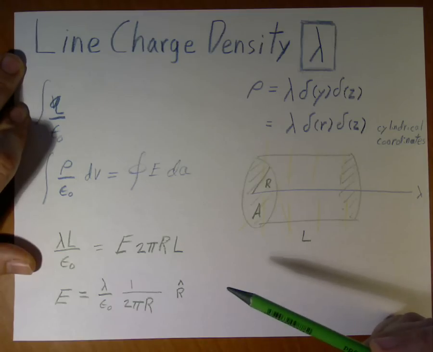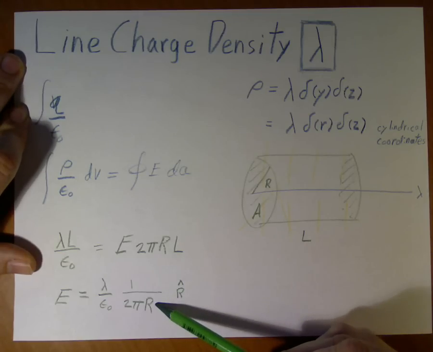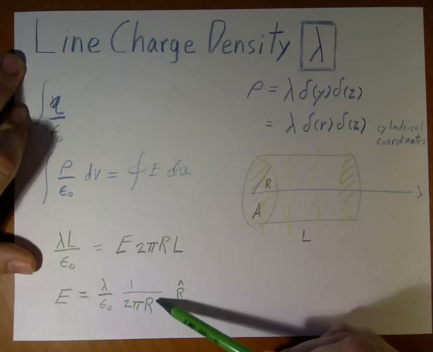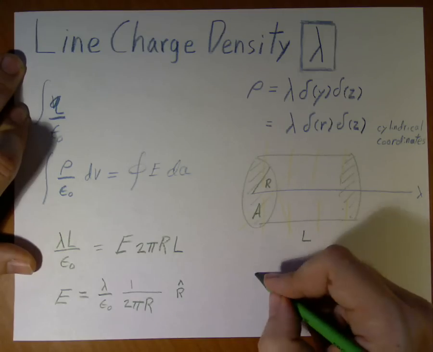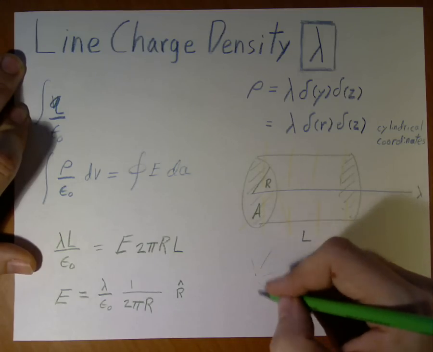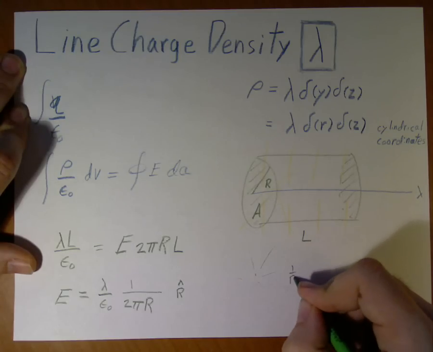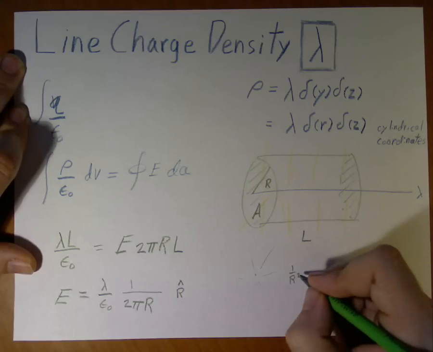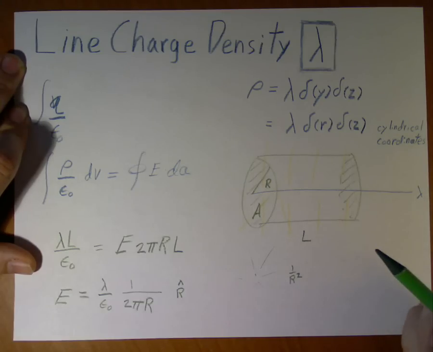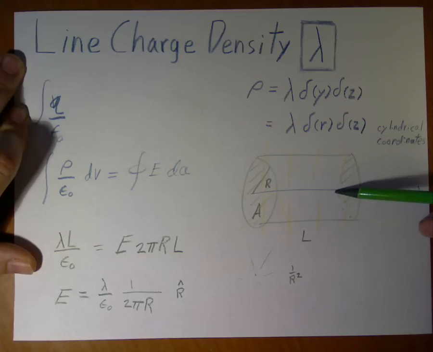One thing to notice, we have r right here, not r squared. From a point charge, the electric field comes off and diminishes, it gets smaller, at a rate of 1 over r squared. That's what we usually deal with, but not when we're dealing with a line charge.